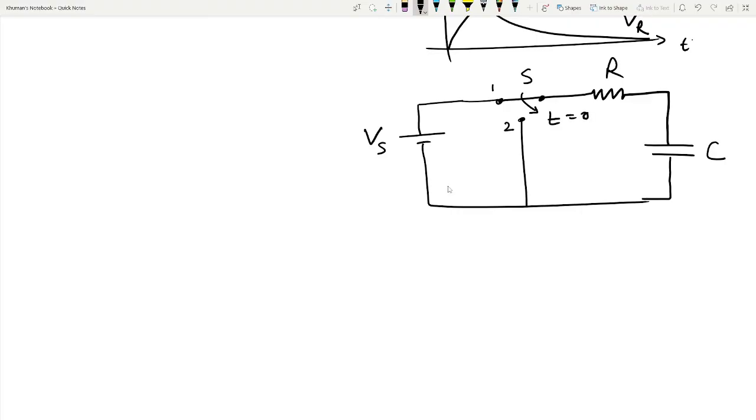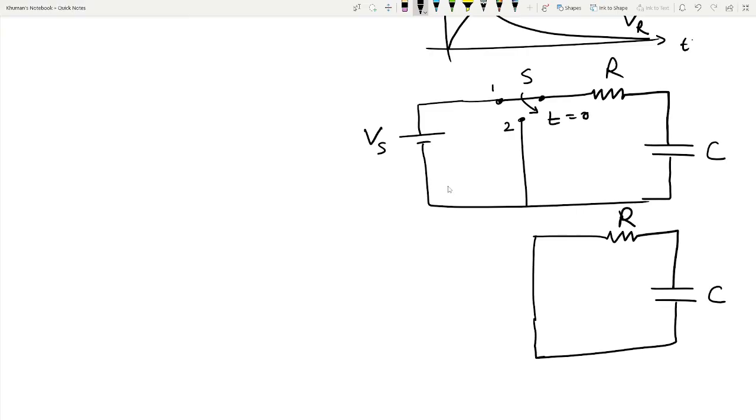Okay, then we can redraw this circuit as this is R, this is C. Now the discharge current will be in the opposite direction. This is i prime t. It is in the opposite direction to the charging current.